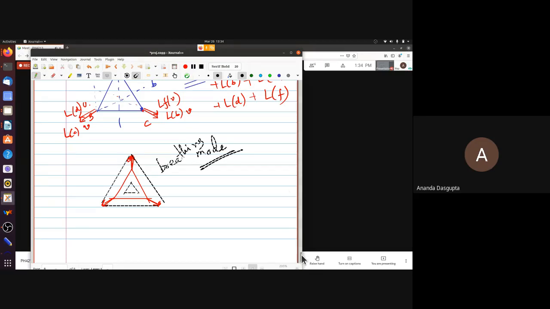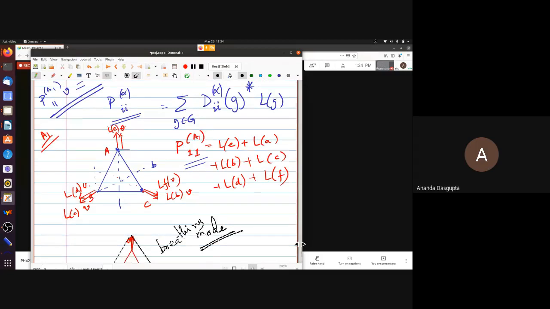Now the other ones, I'm not going to spend time discussing all of them, but I will just show you one of them, PA1. So it's a PA1. Let's look at PA2. What is PA2 going to be? Okay, I can put in a 1-1 index here, but doesn't matter.